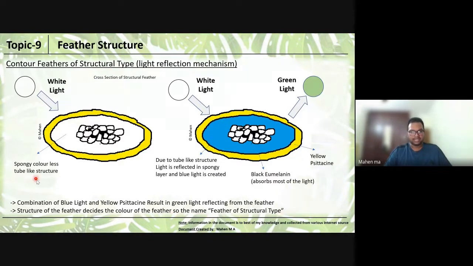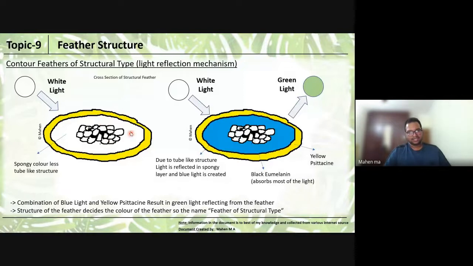As I told you, there is a tube-like structure inside this. If this tube-like structure changes, the color that is reflected also changes. For example, in this case it is blue, but if I take the example of a violet factor bird, the structure inside changes, because of which violet light is reflected. Then you will see a violet color on the bird.